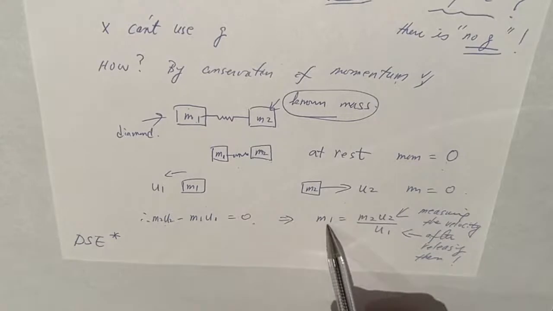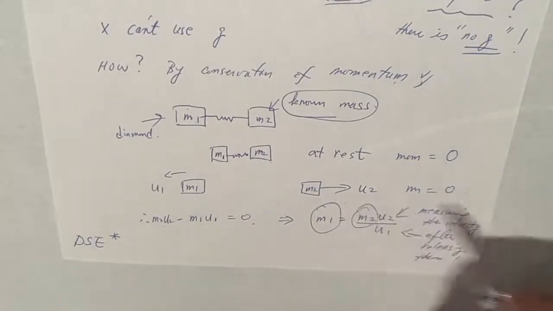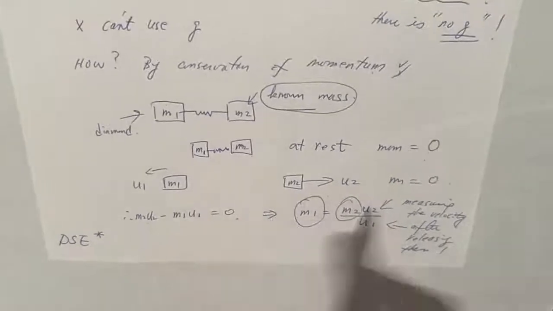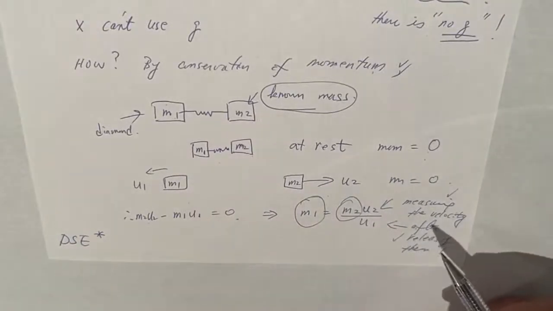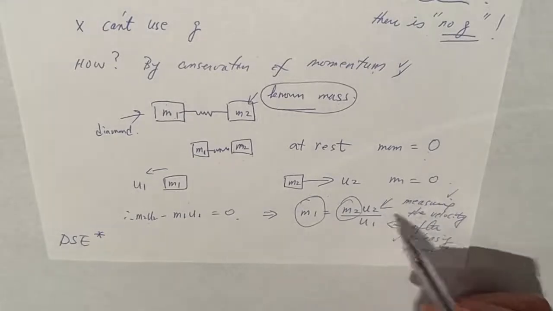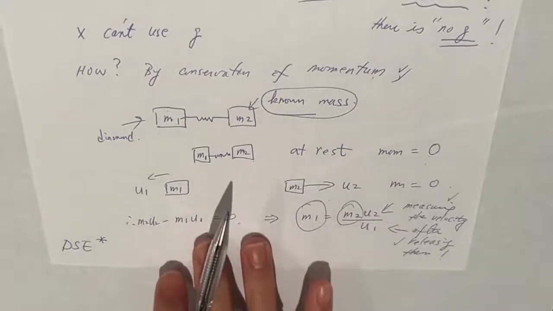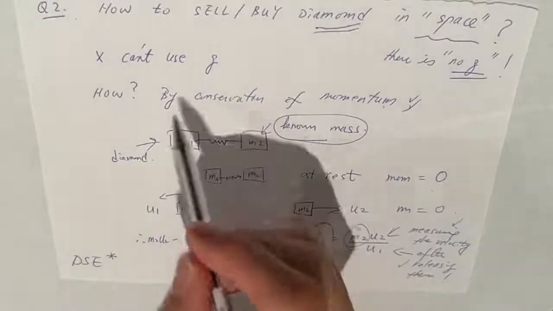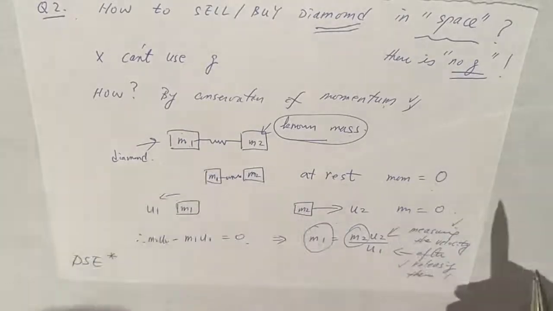So you can calculate the mass of m1 if we know the mass of m2, and also if we can measure the velocities u1 and u2. It is very easy to measure the velocity of the two objects. So if there is no gravity, then we can use this method to measure the mass of an object or the mass of a diamond.